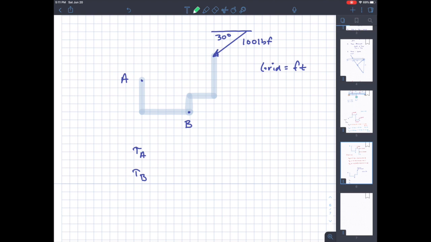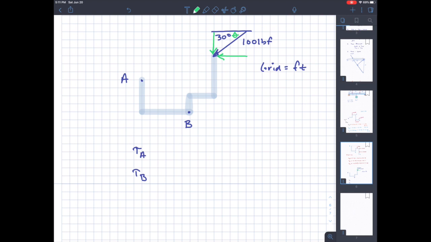If I take this force, I can resolve it into the downward y component and the horizontal component. If it's a 100-pound force and this is theta, then across from theta is the vertical force down.